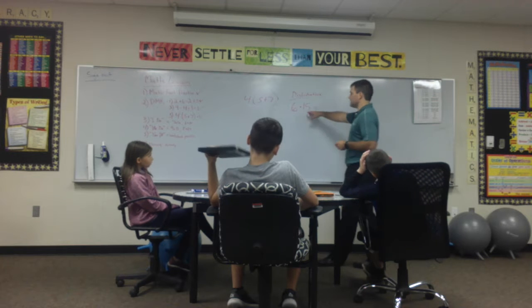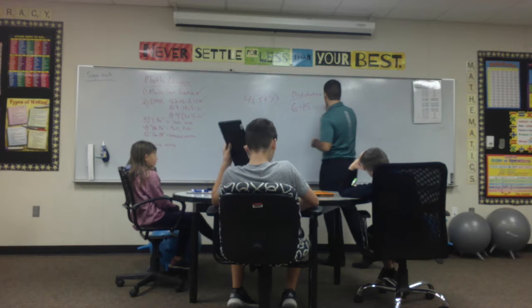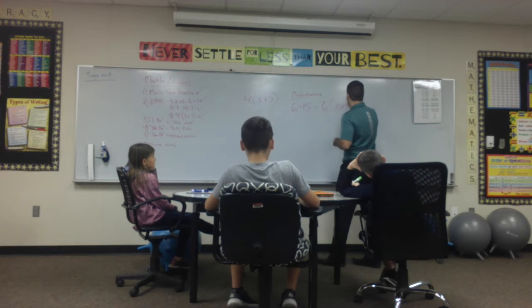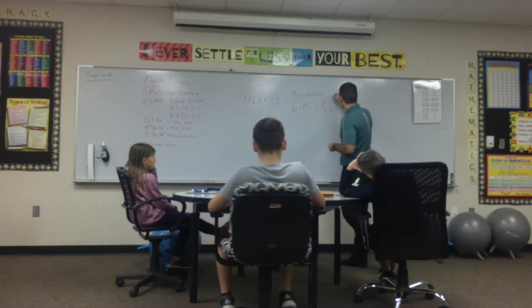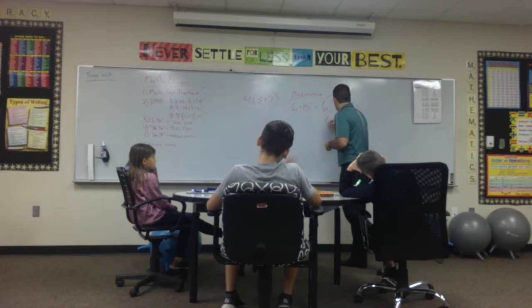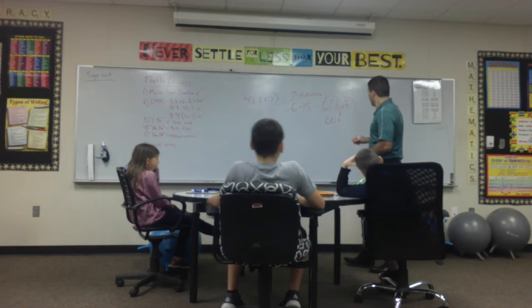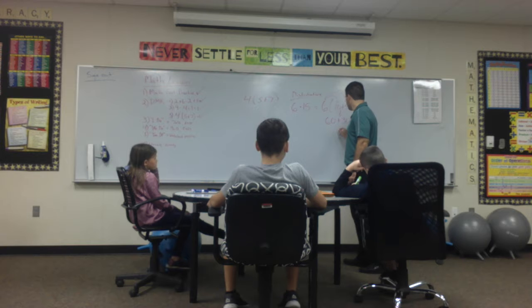And that is going to be 15, right? 15, we can break it up into 10 plus 5. Like I did on the last problem, I'm going to show that I'm distributing my 6 to my 10 by drawing an arrow. So that would be 60. I drop my sign down. I distribute the 6 to the 5. 6 times 5 is 30. I add those together and I get 90.